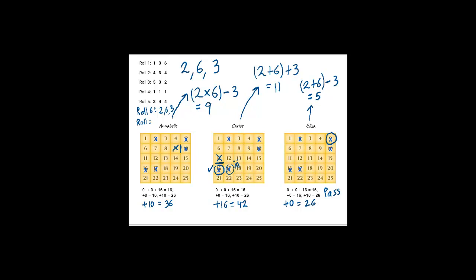So let's just try this roll in which you, for example, get 1, and then you get a 2, and then you get another 2. That's fine. So let's say Annabelle, from this new roll of 1, 2, 2, creates the following expression: 2 plus 2 divided by, and here I need parentheses, 1.